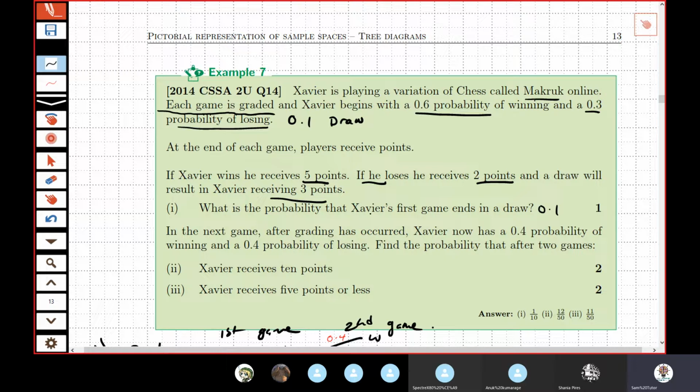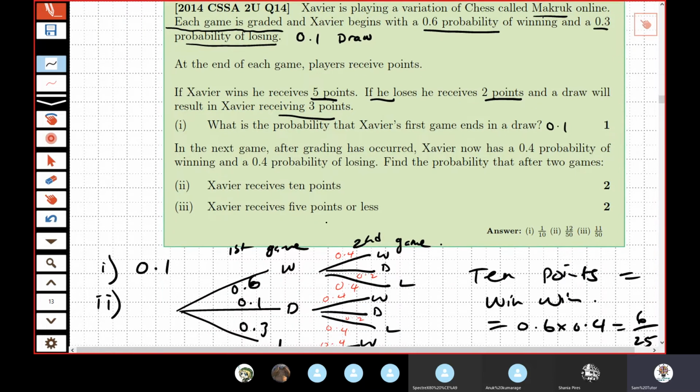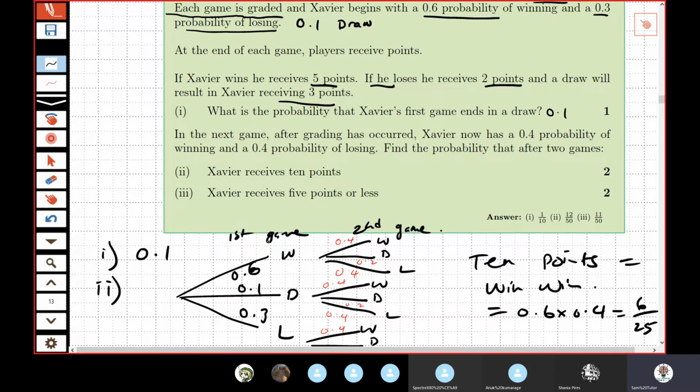So, like I said, this is the case I was mentioning above. It does change sometimes, and you just got to take that into account. Find the probability that after 2 games, Xavier receives 10 points. The way our tree diagram would look is something like this, right? The first game, you can win with 0.6, draw 0.1, lose 0.3.